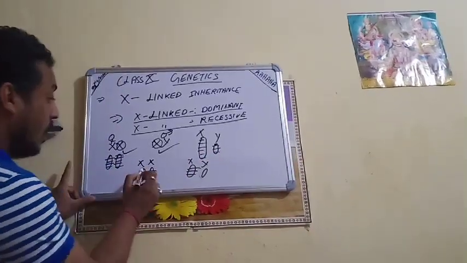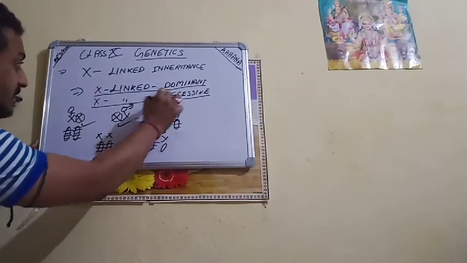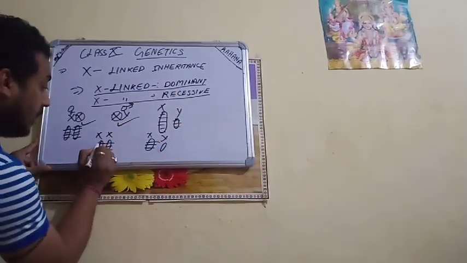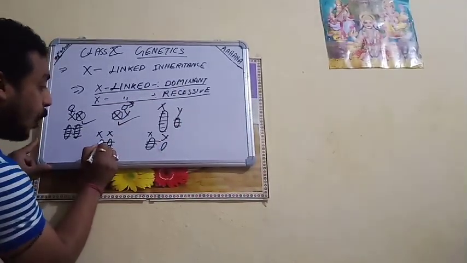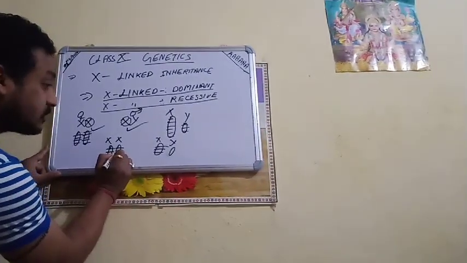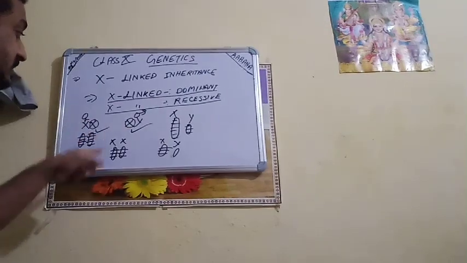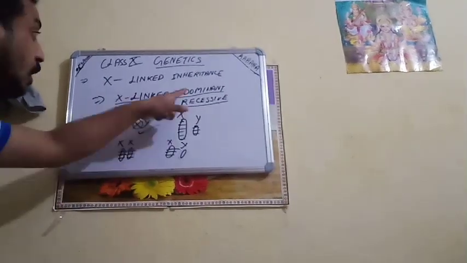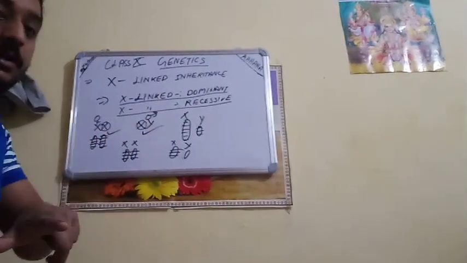We know XX are similar in size, with more or less the same genes. Now what happens in X-linked recessive? If one gene is altered in one X chromosome, then the next X chromosome can suppress it because that alteration is recessive. But in dominant, the other X chromosome cannot do that because the alteration is dominant.